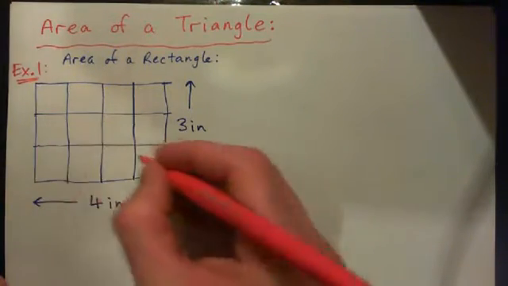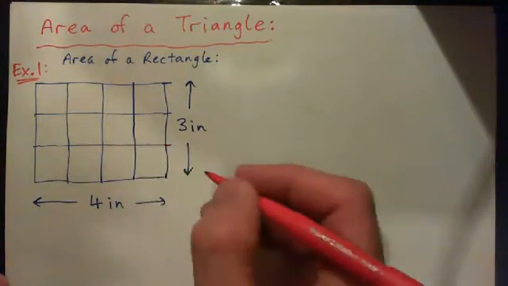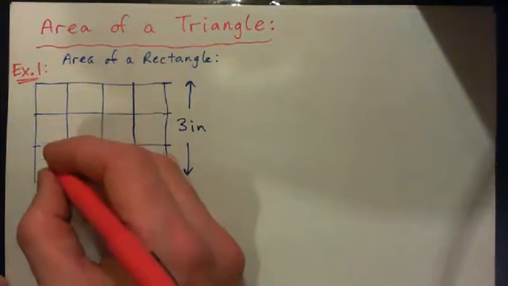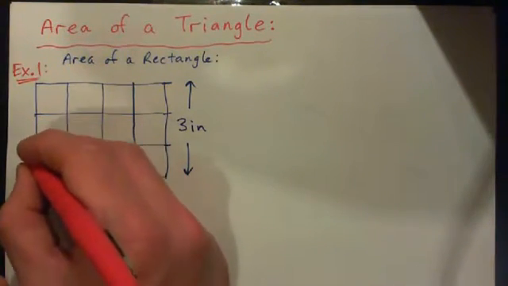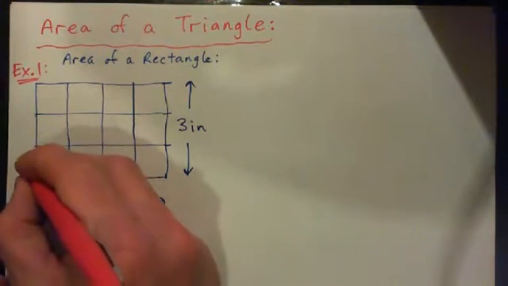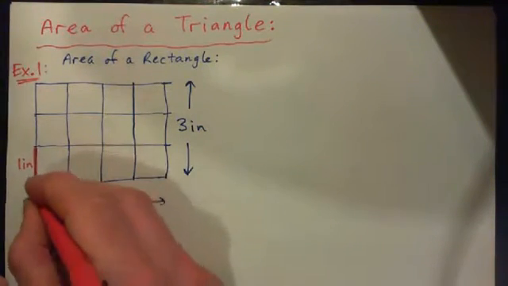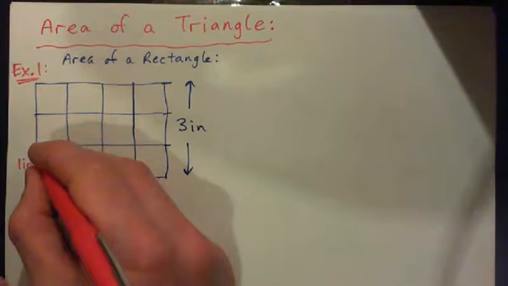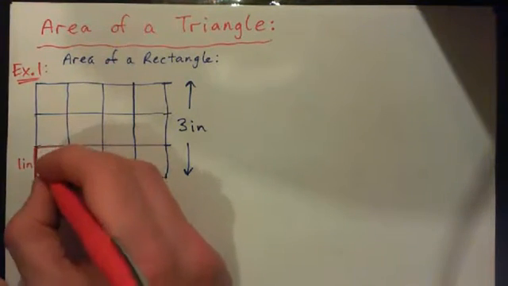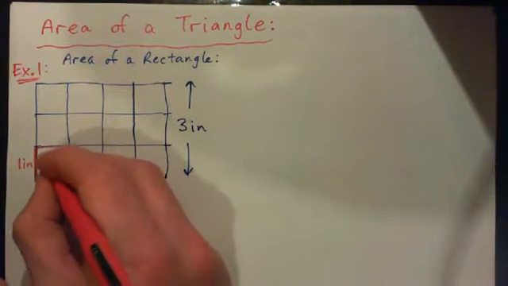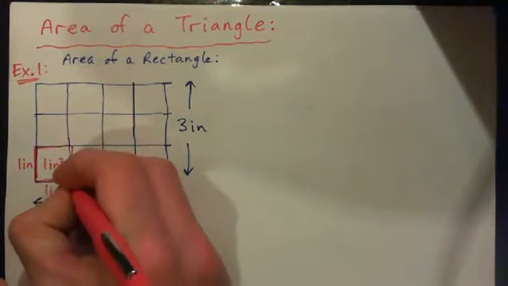Sorry about that. But basically, if you take any one of these, it's supposed to be 1 inch by 1 inch. Okay, and 1 inch by 1 inch is 1 square inch, or 1 inch squared, written like that.